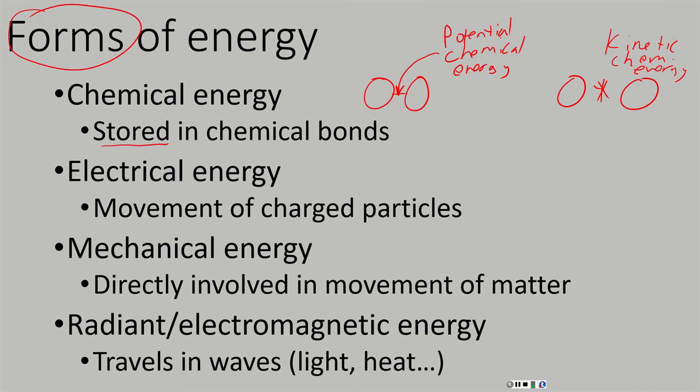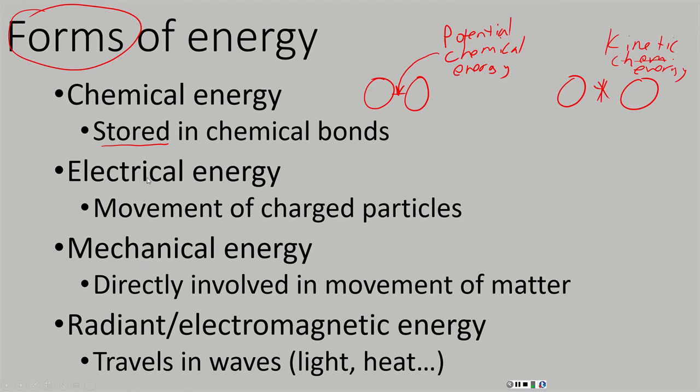And chances are when we break that bond, we're actually even going to convert to a different form of energy. It's in all likelihood not going to be chemical. It's going to be something else. So we can, again, convert between types of energy. And I'm alluding to the fact that we can convert between forms of energy. But there is both potential and kinetic for all of these.